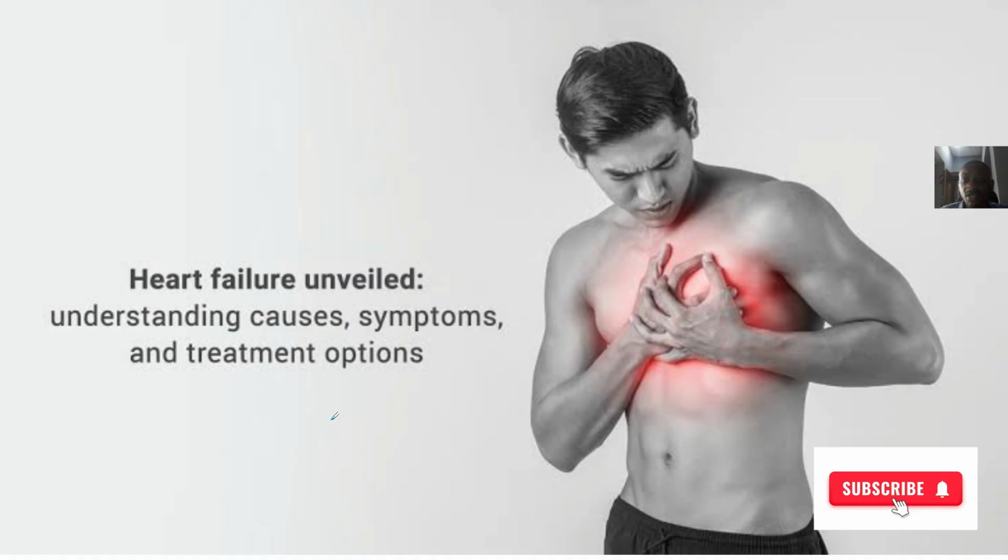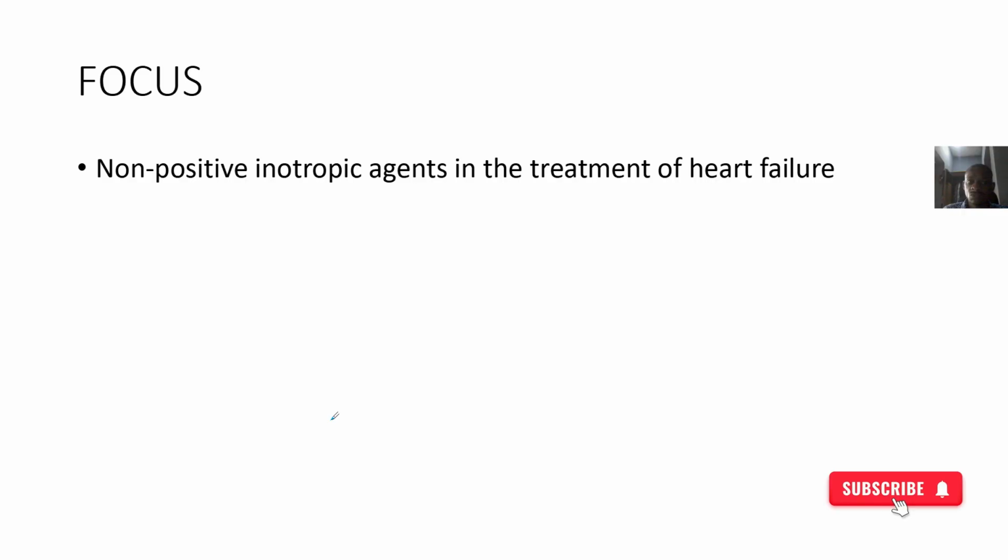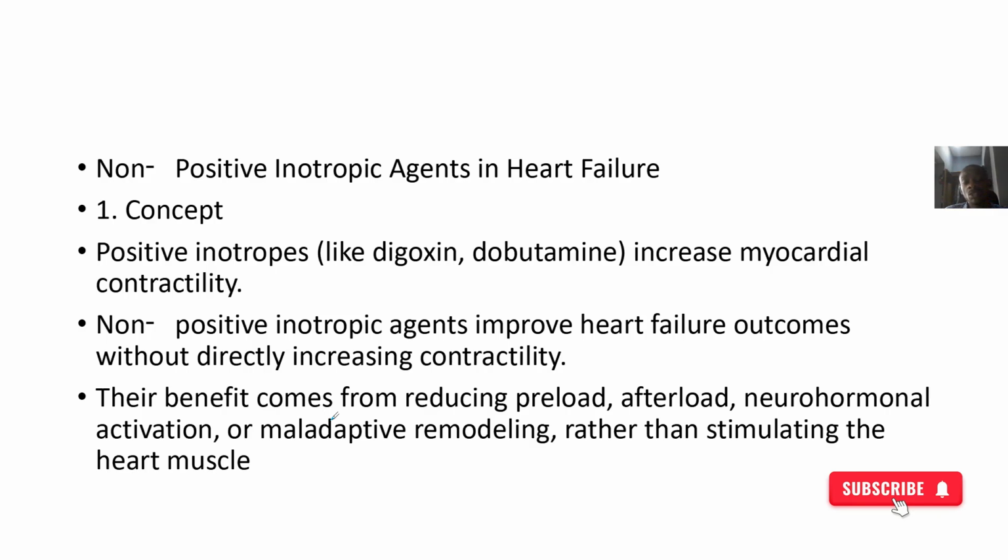So what's the concept of non-positive inotropic agents? The positive ones are the ones that will increase the heartbeat, so drugs like digoxin and dobutamine, you get. The non-positive ones will improve heart failure outcomes without increasing contractility, you get.